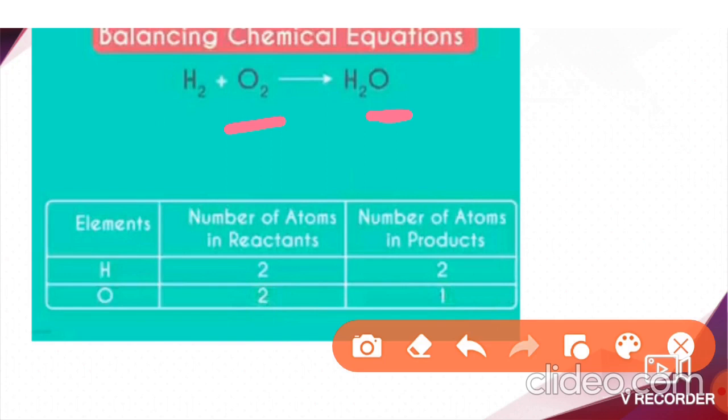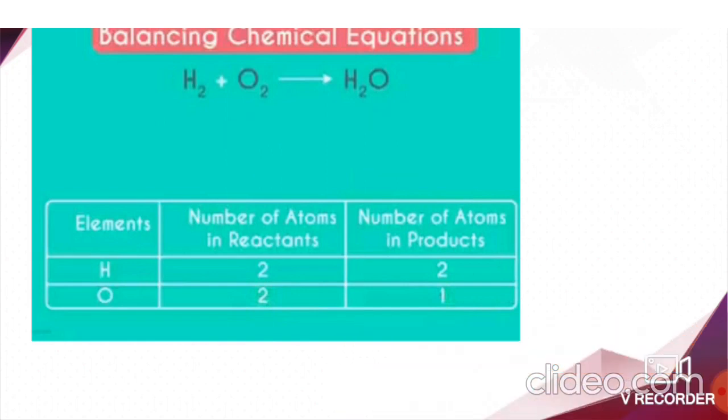Okay? In the first step, you need to prepare a table consisting of 3 columns. In the first column, you need to write the name of elements. In the second column, the number of atoms in the reactants. Third column, the number of atoms in the product. And the number of rows depends on how many types of elements are present in the reaction.